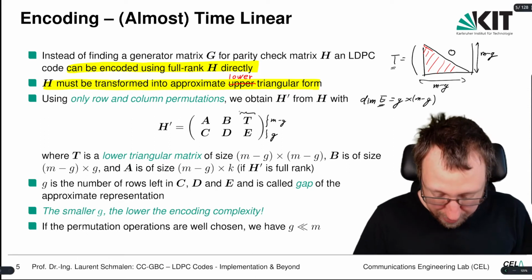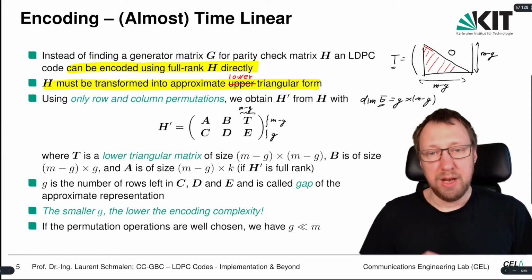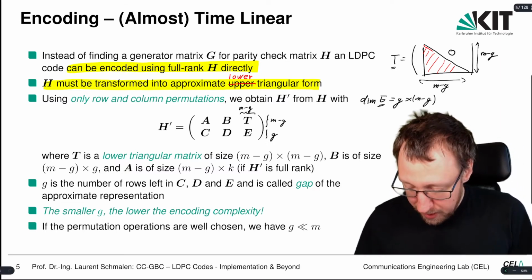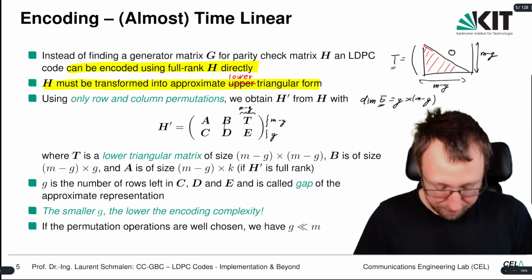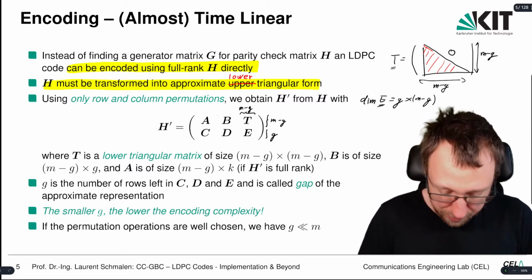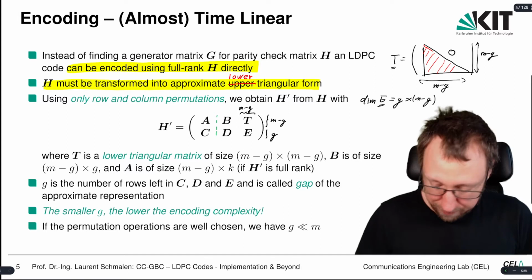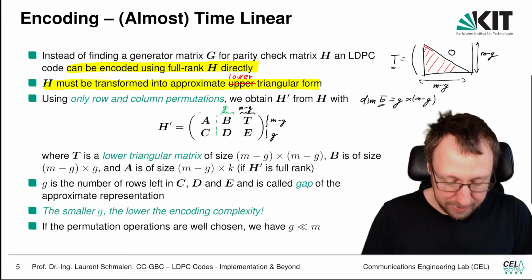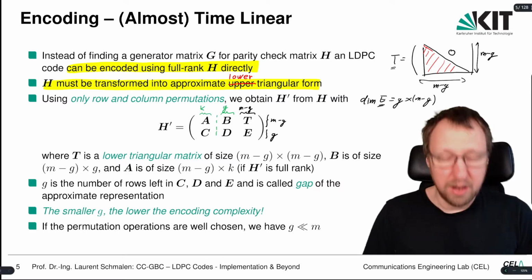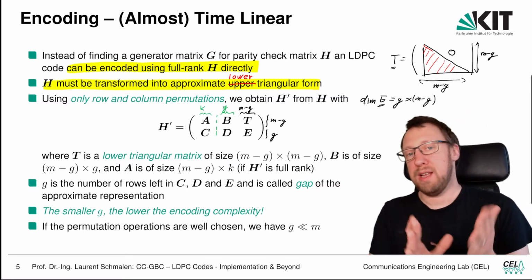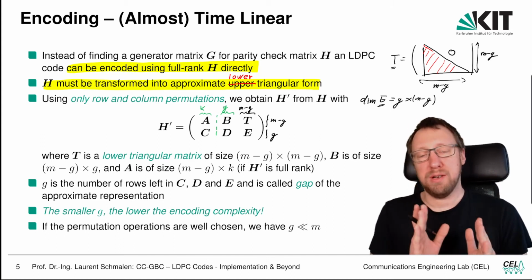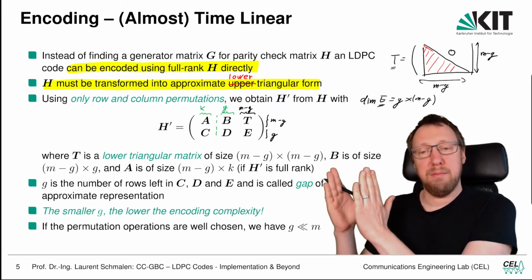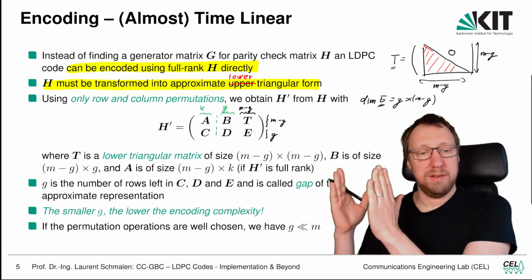Here we have M minus G columns, and we subdivide the matrix so that we have G columns over here, and here we have K columns. The first K columns correspond to the information bits of the code. Then we have G columns, and then we have M minus G further columns.